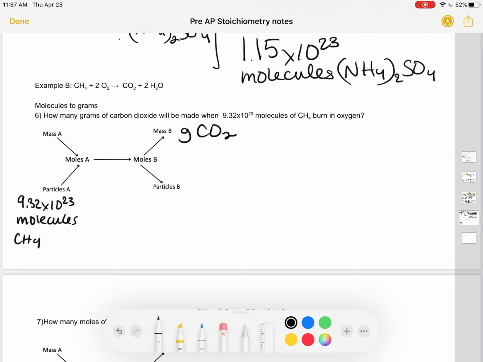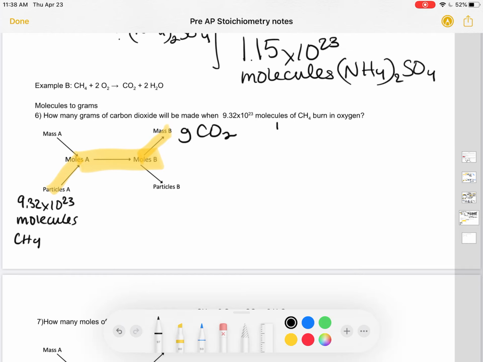So I know that I'm going to have to go from particles to moles using Avogadro's number, from moles to moles using my mole ratio, and from moles to grams using my molar mass.